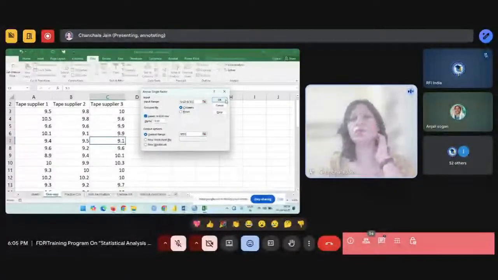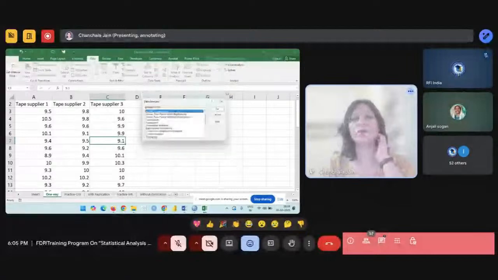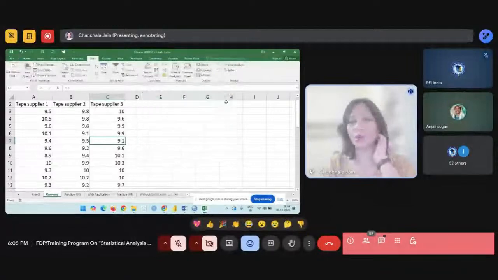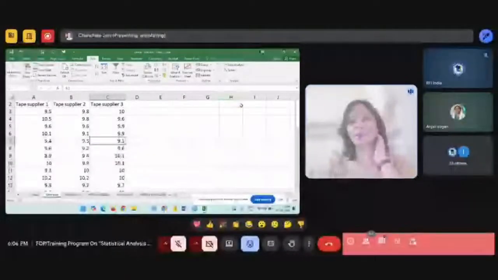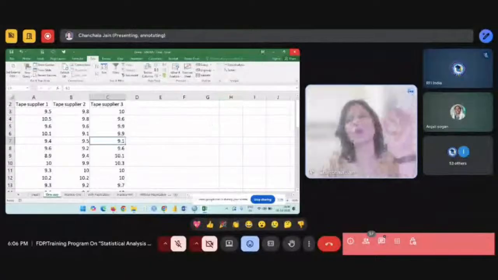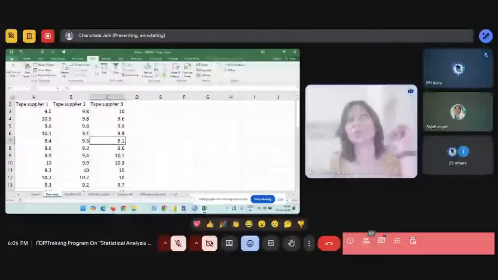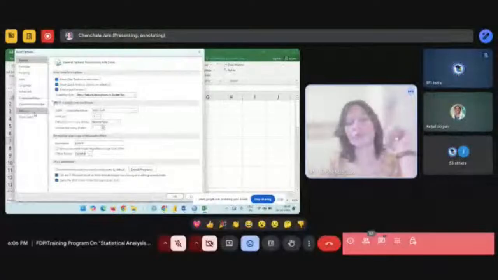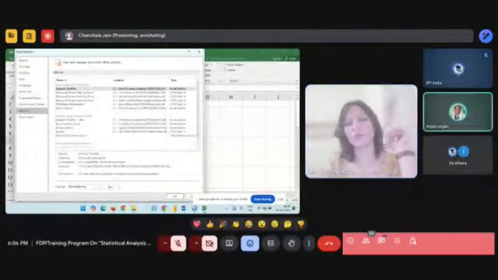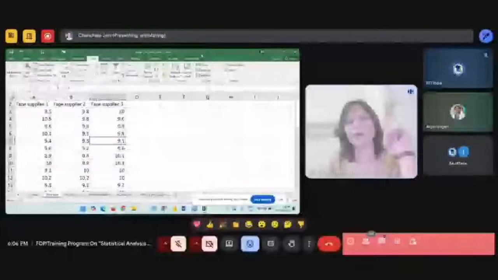Then previously you were able to get all the outputs we performed. Sometimes it happens. Either close your Excel, open it again and explore. If it is not coming, repeat the process: go to File, then Options, Add-ins. Same process you need to repeat. Do it and tell me whether you are getting it or not.